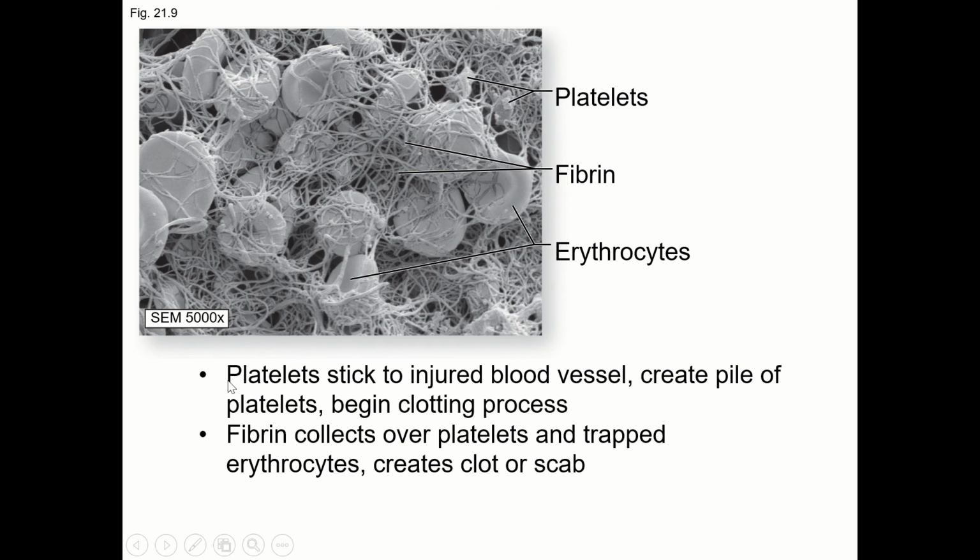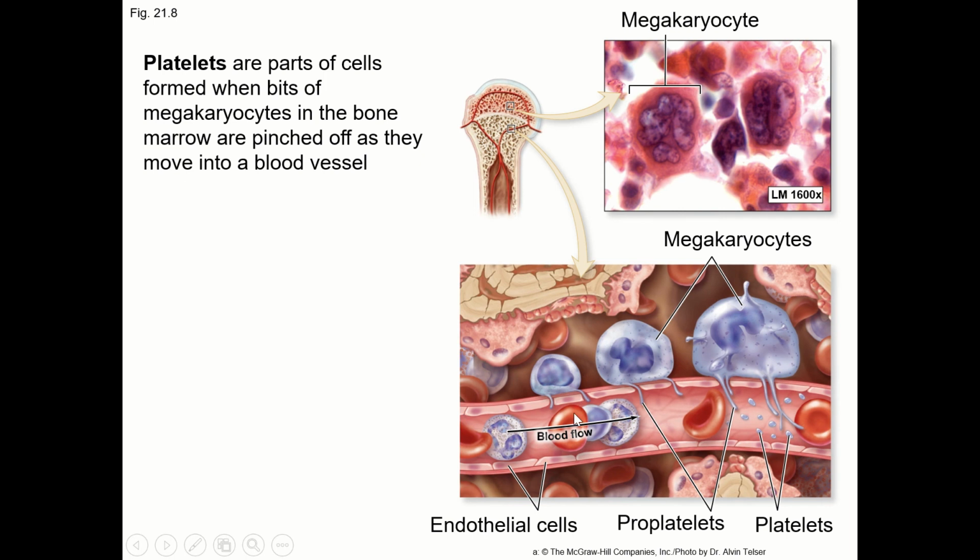When a blood vessel is injured, the platelets actually stick to the injured blood vessel. The platelets cannot stick to the cells that line the blood vessels. What they stick to is the collagen in the basal membrane that those epithelial cells stick to.